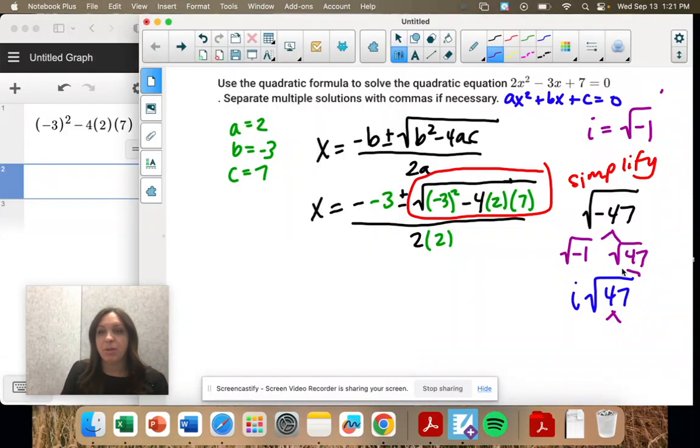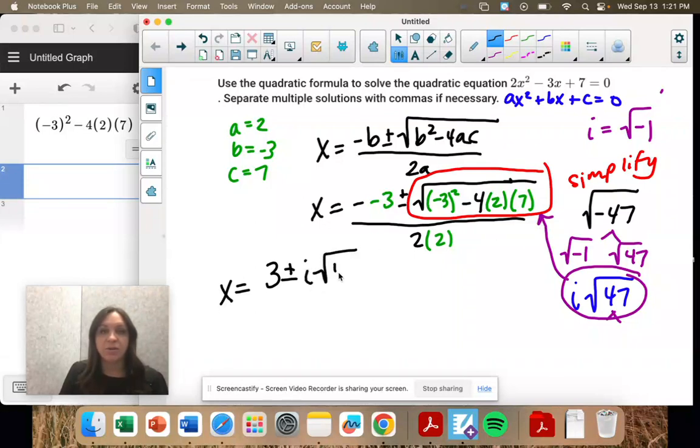So now I'm going to replace this back up here into that one part that I simplified. So I still have x equals this negative becomes a +3 plus or minus, and this whole thing simplified to i square root of 47 divided by 2 times 2, which is 4.